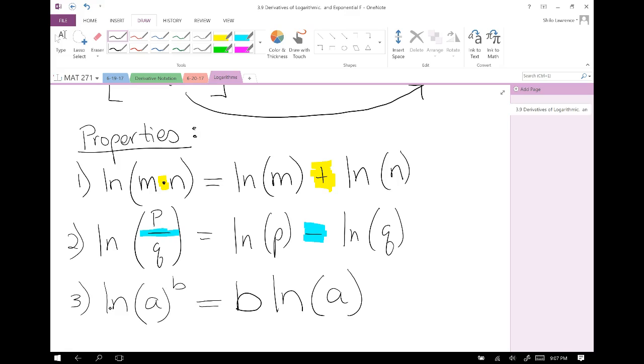So anytime that we could use these properties of logs to simplify the logs, it's going to make our derivatives much, much simpler, because the right-hand side of these equations are going to be much easier to take the derivatives of for us.